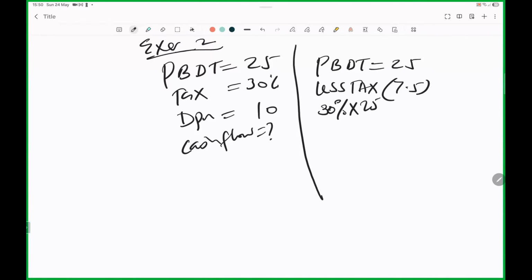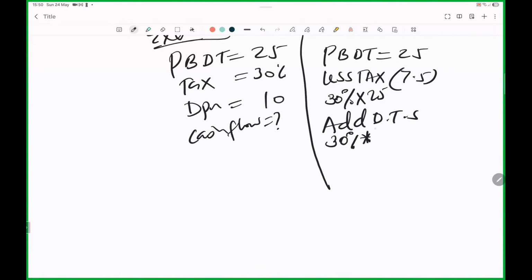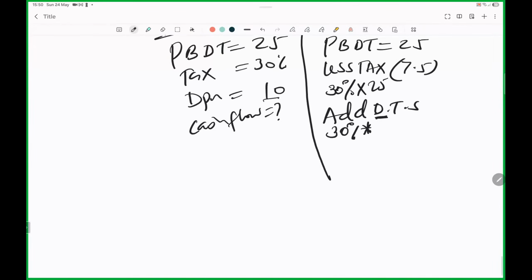This I'm subtracting. And then I add depreciation tax shield. So this one I take 30% times the depreciation itself. Depreciation is 10. So this gives me 3. So that is it. So now you should be able to get cash flow.